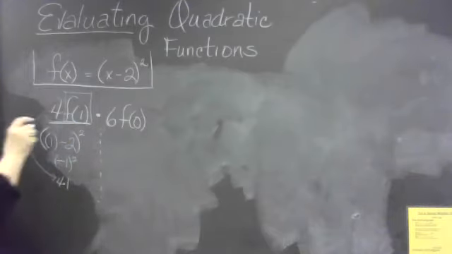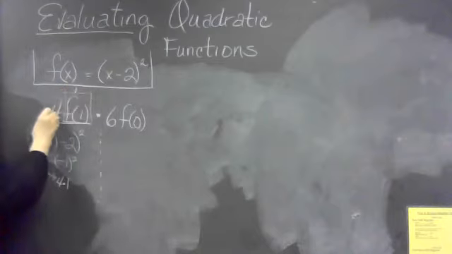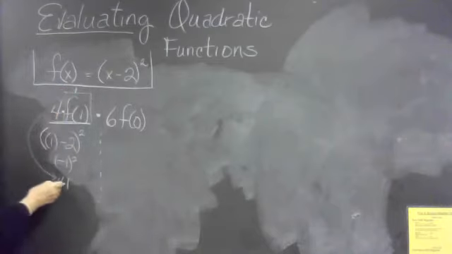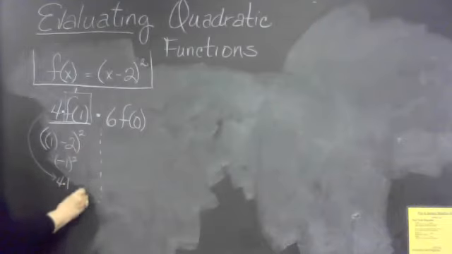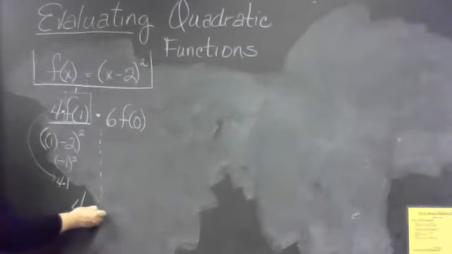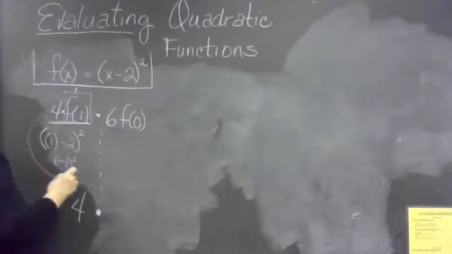So this answer is 1, but we have to take 4 times whatever that answer is. And so down here for this part, I have the answer of 4. It says I'm going to take times whatever I get here.